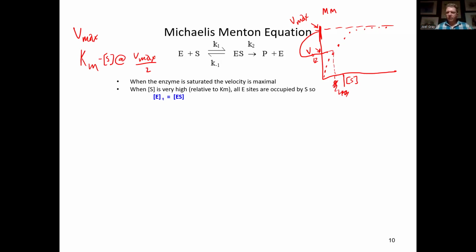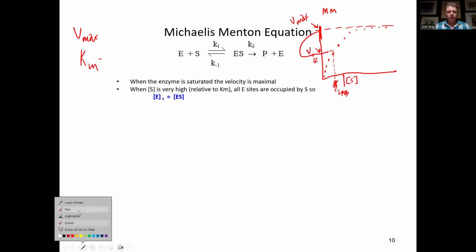Okay. So Vmax is your enzyme's top speed, and Km is the amount of substrate needed to get your enzyme to half of its top speed. Now, what I always like to do with these two values is think about them in terms of quantitative values. For starters, Vmax. What are the units that Vmax are going to be in?